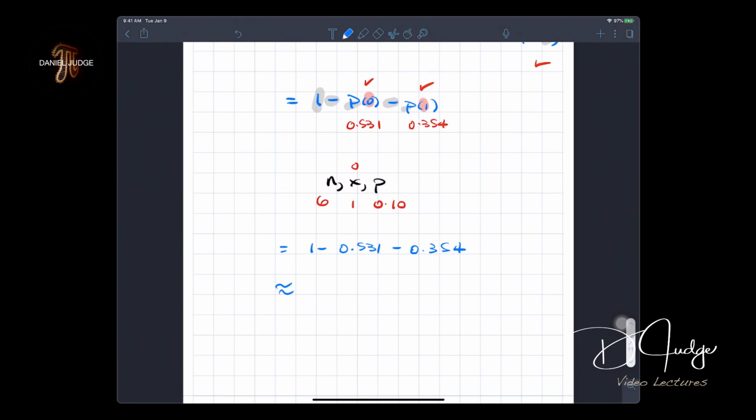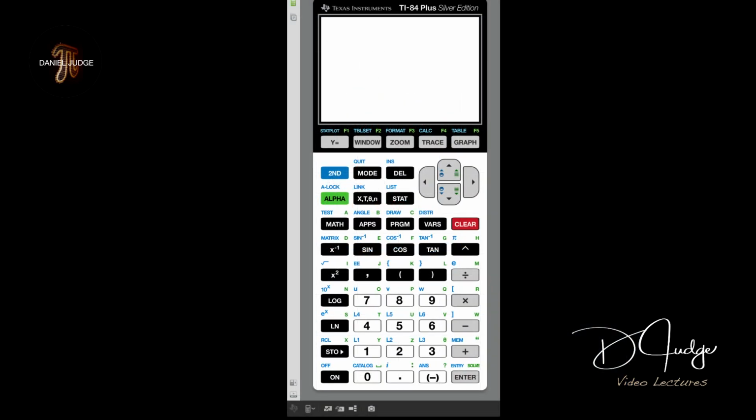So let's go back and say we have 1 minus 0.531 minus 0.354. Here's what you get: 0.115.